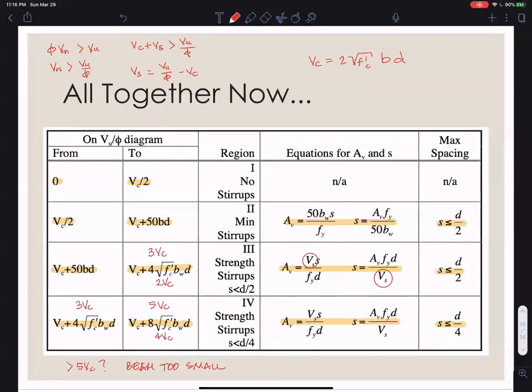The amount of shear your stirrups need to cover is whatever the concrete can't cover. This right here, Vu over phi, is the required Vn. You subtract off the amount of shear you can get out of the concrete, and whatever's left over, you have to make up that difference in the stirrups with Vs. And that's how you use that.